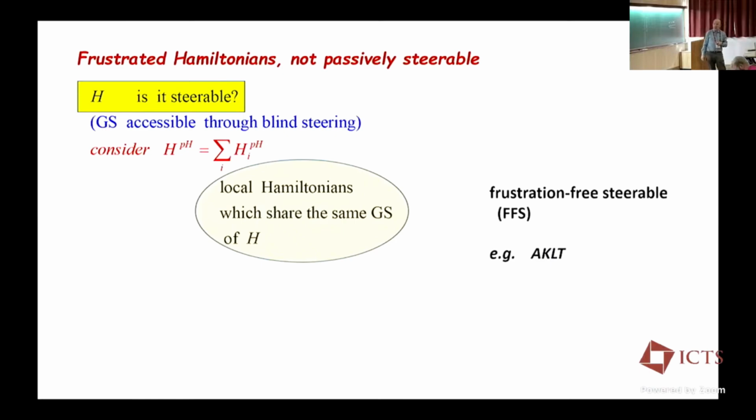Otherwise, it's not steerable. So let's assume that you give me a Hamiltonian, which is not steerable, not passively, not stupidly steerable. What can I do? And the answer is that I cannot get what I want, steer all the way to the ground state, but I can still cool the system pretty well.